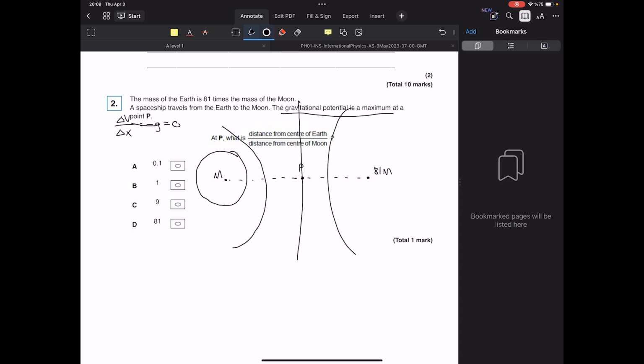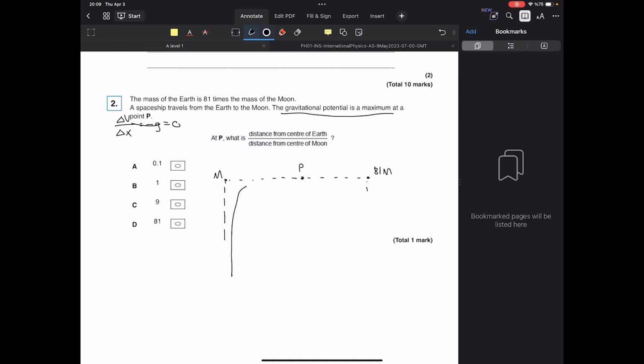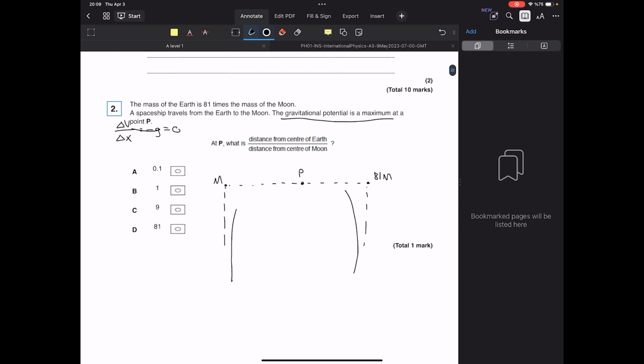If you think of these like hills, or potential wells, the potential is going to go to negative infinity at the moon, and also at the earth. So at P this will have a slope of 0, so the tangent will be 0.